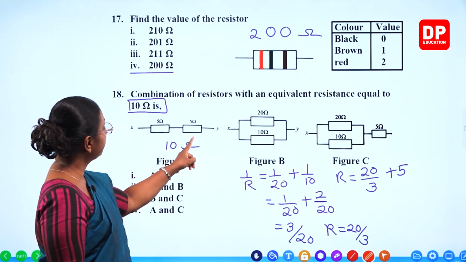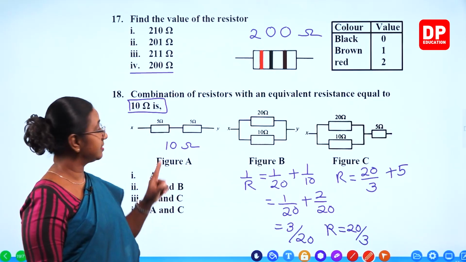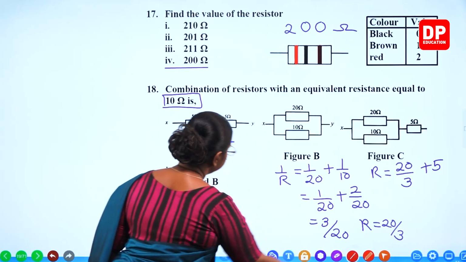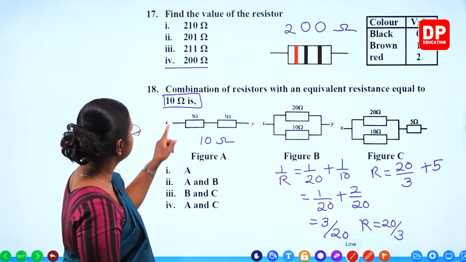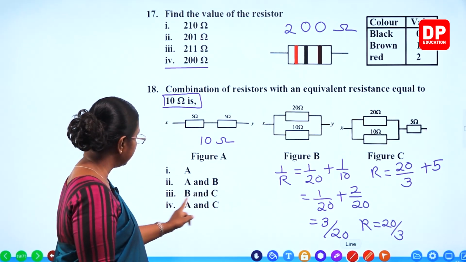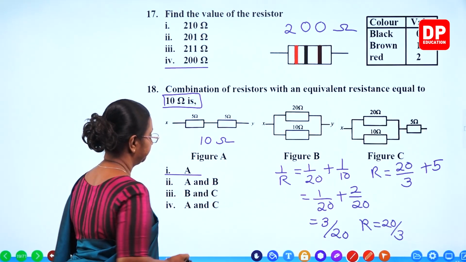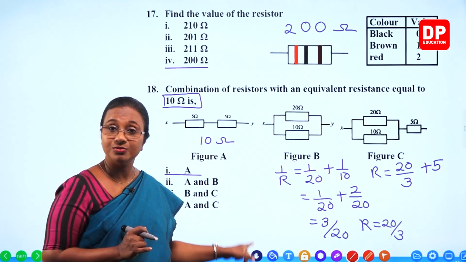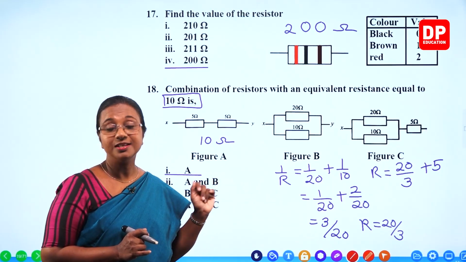Series combination of two 5 ohm resistors that will give you an equivalent resistance of 10 ohms. So the answer will be: combination of resistors with an equivalent resistance equal to 10 ohm is only A. A and B, B and C, A and C. Those are not correct. It is only A. So I am sure students, you all also did these two calculations correctly. So with that, I will move on to the next question.